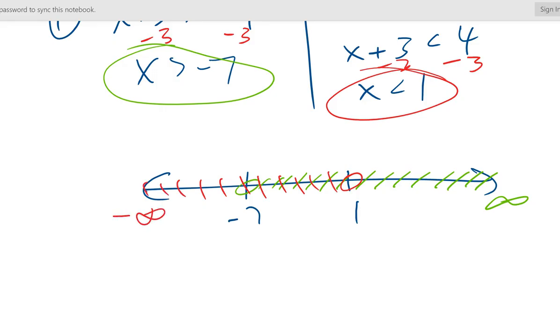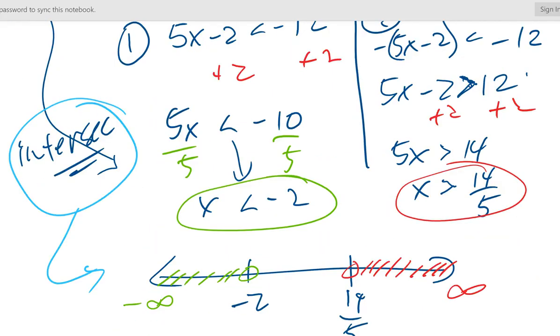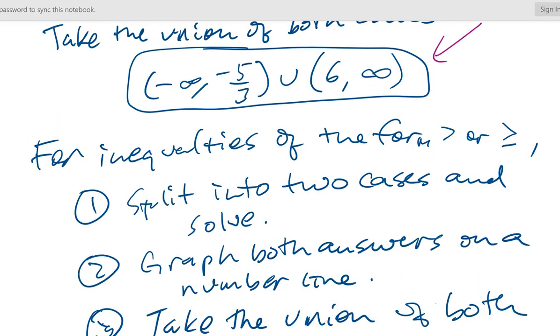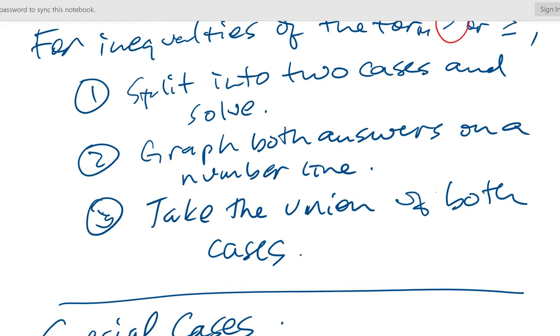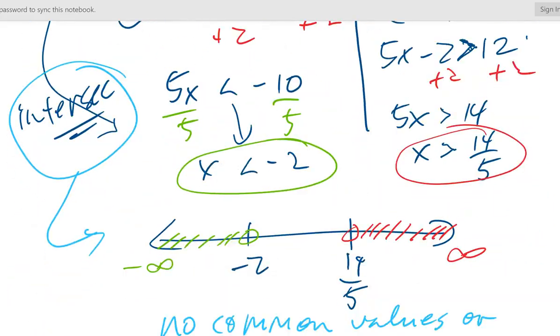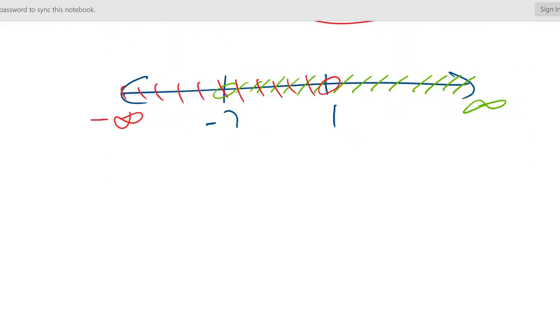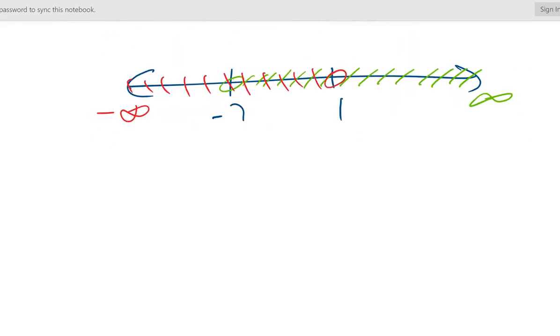Now, with inequalities of the greater than type, you take the union of both cases. So when we go back down, the union of the two cases is the whole thing.